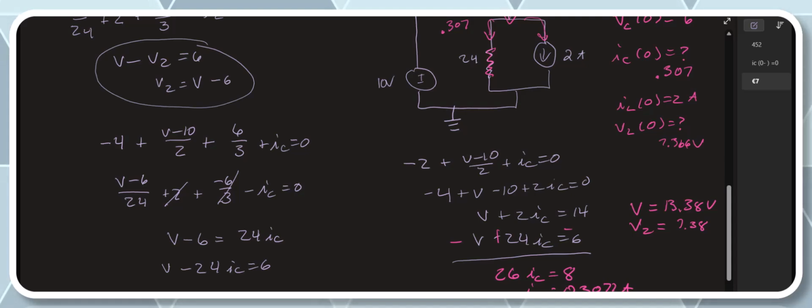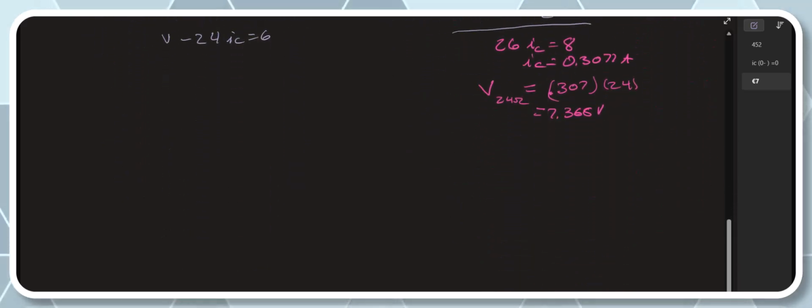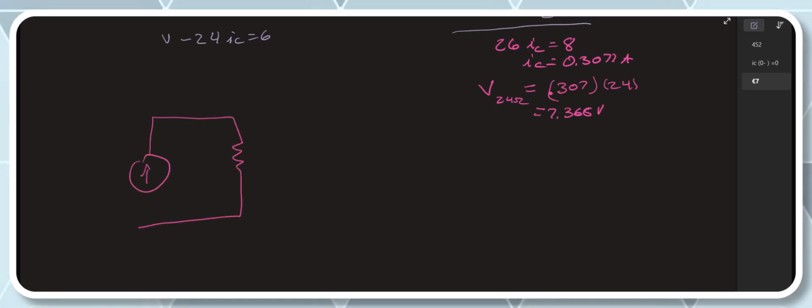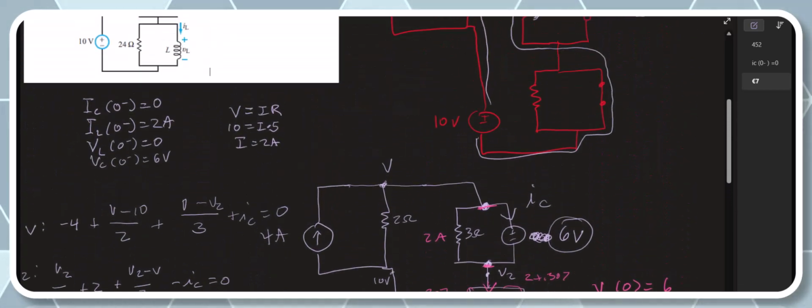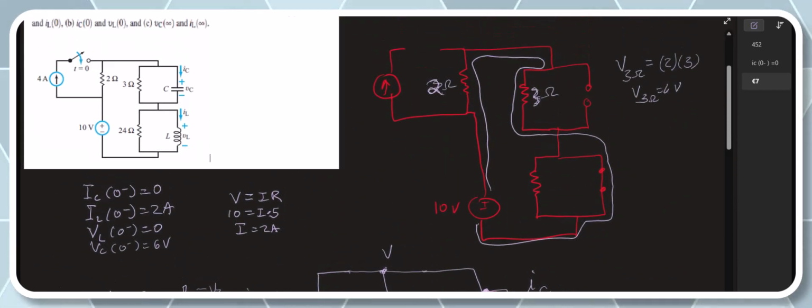Alright, so now let's look at infinity. At infinity, once again, our inductor will be a short circuit and our capacitor will be an open circuit.